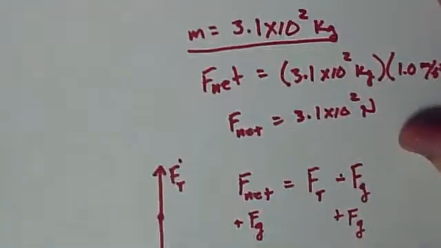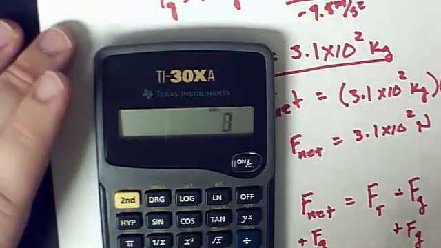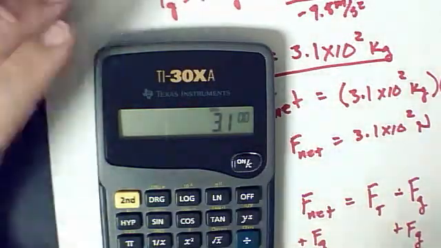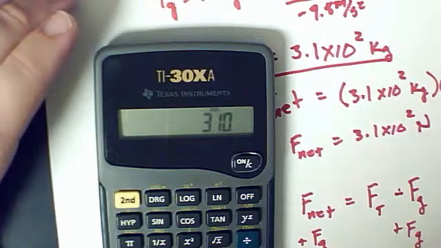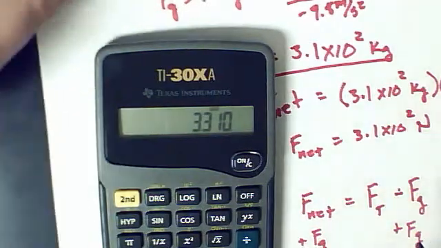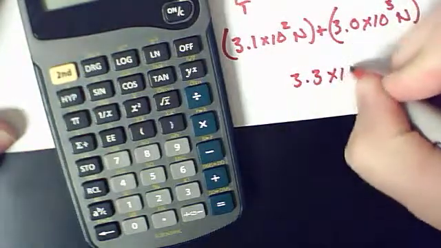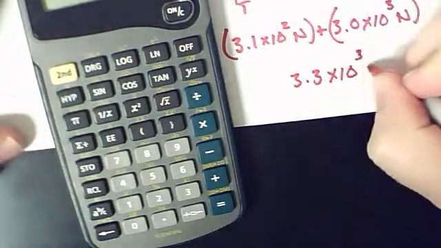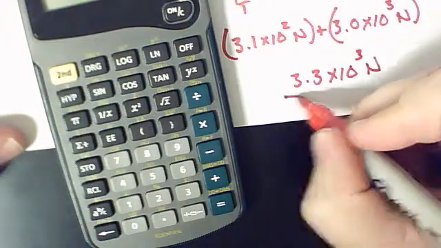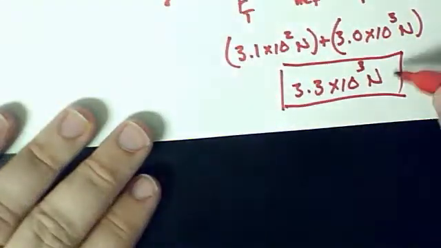Alright, so I do my calculator. 3.1 times 10 to the 2 plus 3.0 times 10 to the 3 equals 3.3 times 10 to the 3 newtons. That's the force of tension.